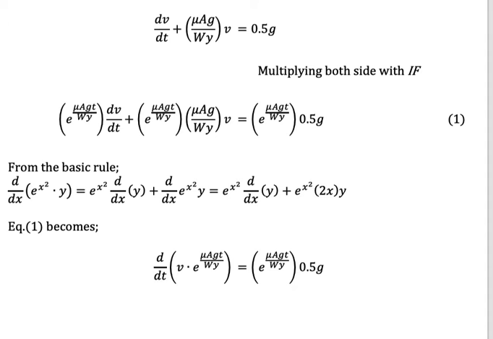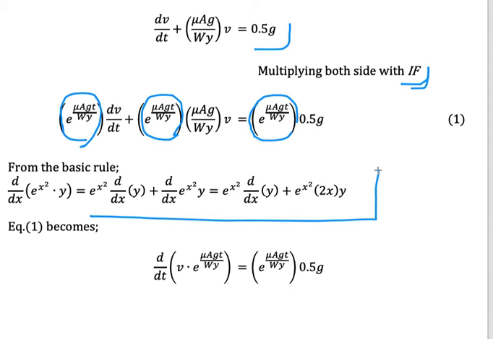Then we multiply our equation here with the integration factor. We put the e here, another e here, and another e here. Then we do this according to this basic rule: d/dx of e^x squared times y is actually equal to e^x squared dy/dx plus the derivative of e^x squared times y, and then it is equal to this one.